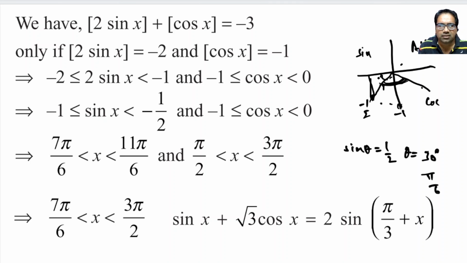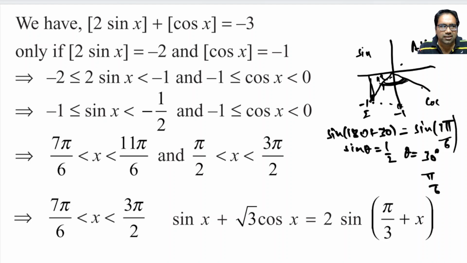This angle has to be pi by 6. Right. Sine of 180 plus 30, which is equal to sine of 210 or pi plus pi by 6, which is 7 pi by 6. At 7 pi by 6, it is equal to minus half. So it has to be lesser than minus half.